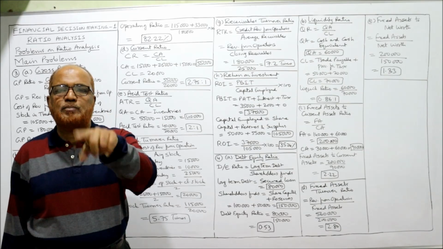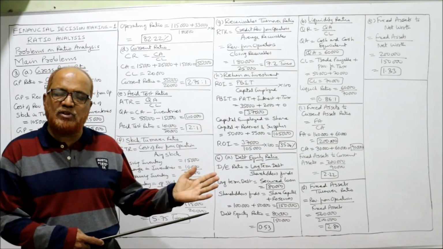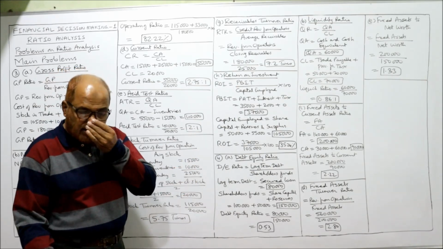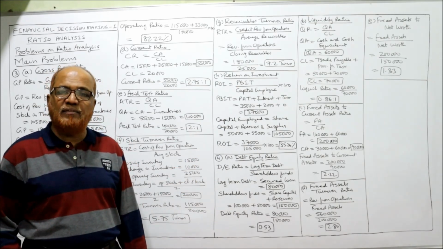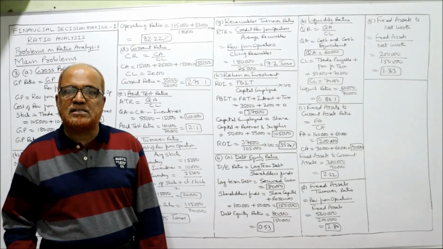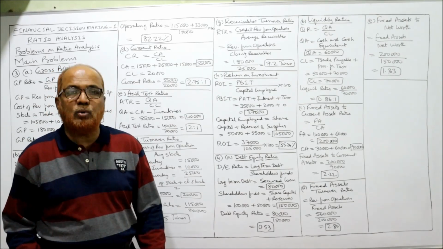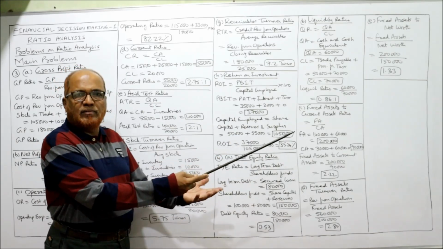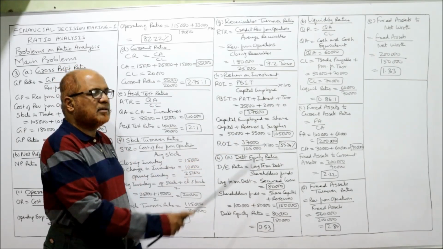PAT plus interest plus tax. Already in previous so many problems we have applied this. So PAT is 35,000 given in the problem. Profit is given 35,000. Interest means finance charges. So finance charges are given 2,000. In the problem 2,000 are given. Tax is not given. So 37,000 is the PBIT.